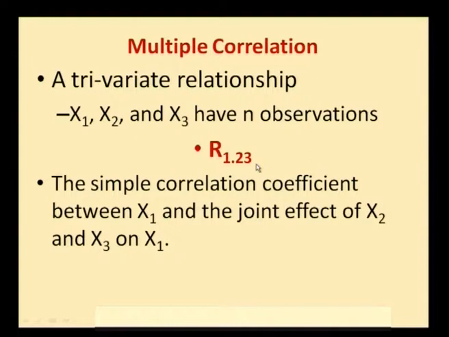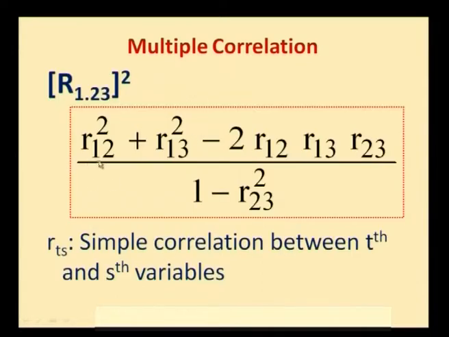So, for the formulas we use capital R, and we try to stick to this for multiple correlation, because there is another correlation where we have the symbol with small r, which is nothing but the simple correlation between the t-th and s-th variable. So, what I symbolize here as r suffix ts refers to 1 2, 1 3 and 2 3.